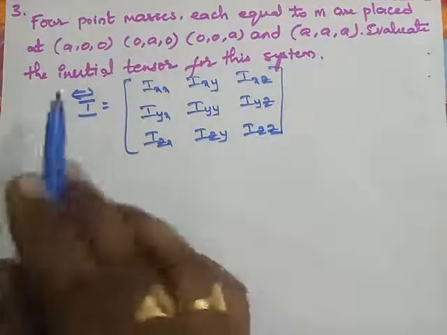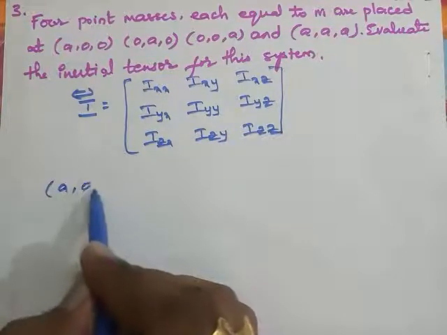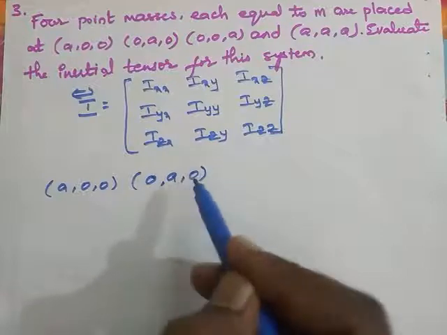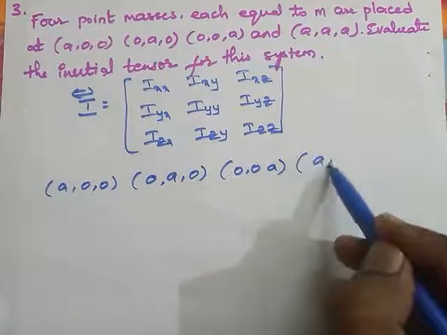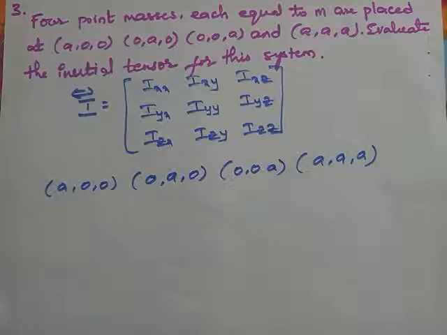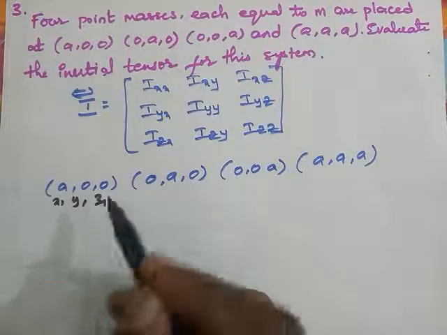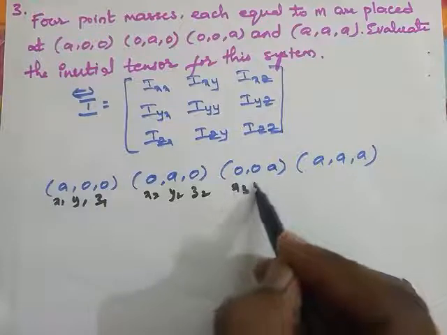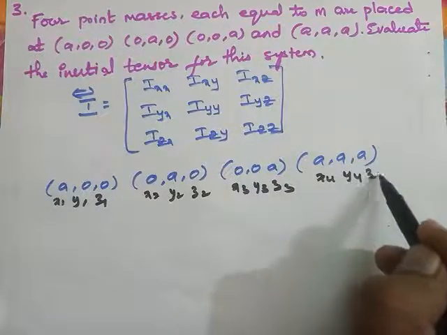Let us first write all the 4 points: (a,0,0), (0,a,0), (0,0,a) and (a,a,a). Now let us assume these points as x1 y1 z1, x2 y2 z2, x3 y3 z3, x4 y4 z4.